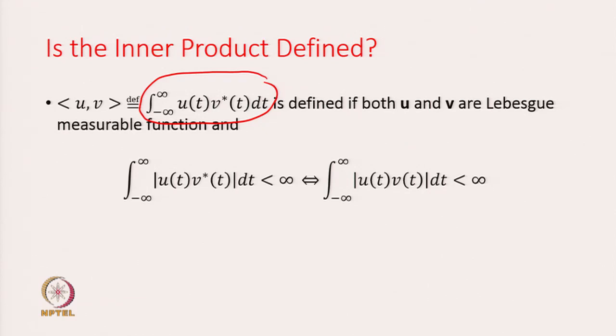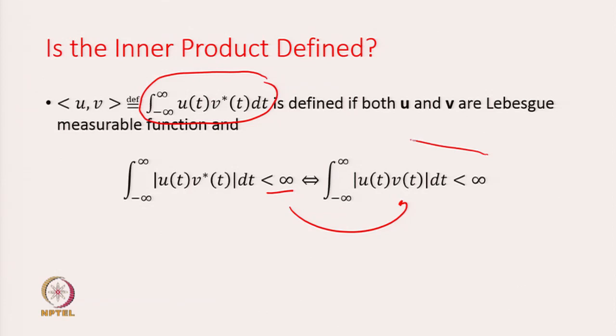So, for convergence, what we need to do is we need to check whether the mod of this quantity is finite. That is when the integral exists. We have already seen this in the first lecture. Okay. So, for this to happen, we can also find an equivalent expression that this should satisfy, just replacing the Vt conjugate with Vt, right. The mod of a complex quantity or a real quantity is one and the same thing.